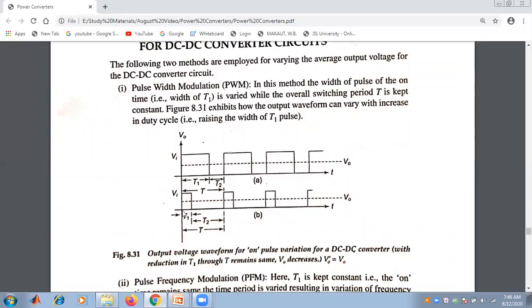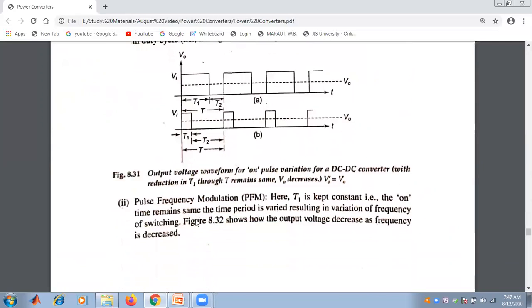For the second output, the on time is less, while the off time is more. So by varying the width of T1, the on time, we are able to change the width of the pulse, while the overall switching period is constant.